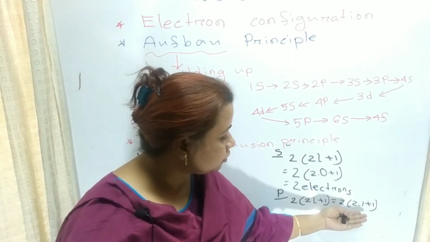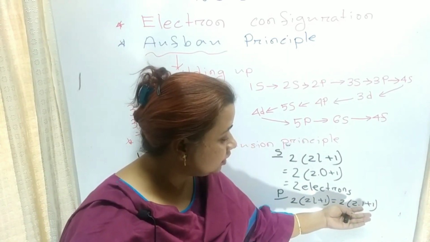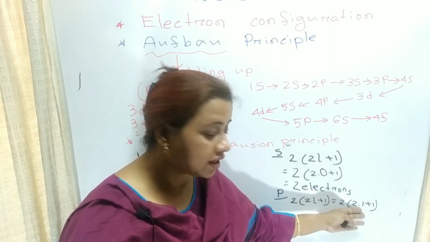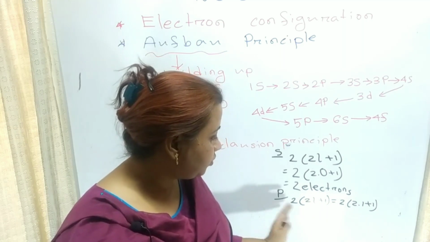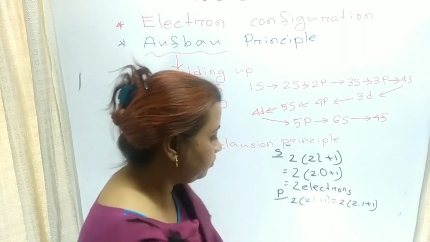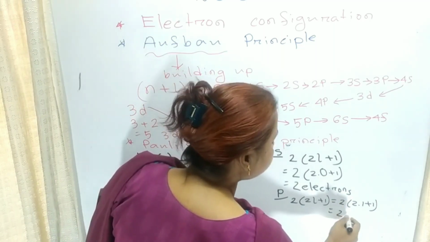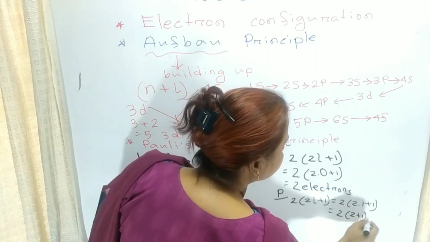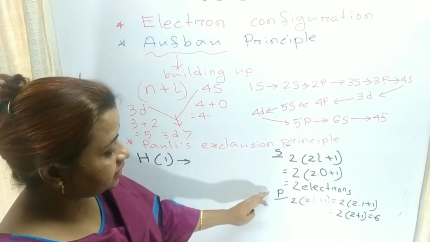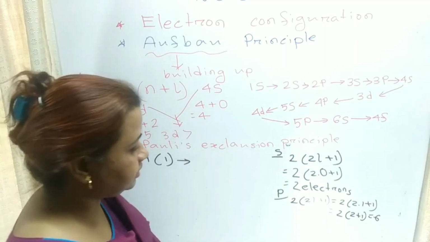Because I told you that for the value of L, whenever it is 1, the p subshell is found. Therefore, 2 into 3 is equal to 6. In case of p subshell, at most 6 electrons can exist.